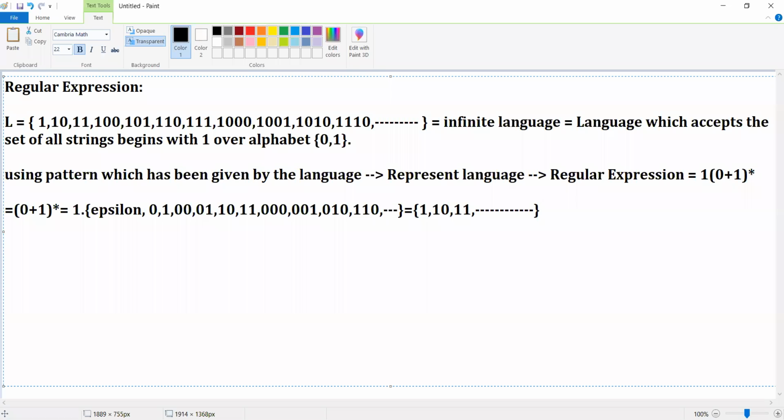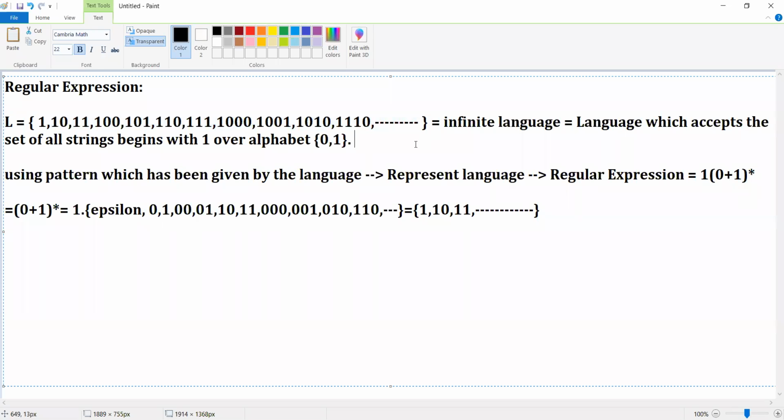Okay, now from this, please try to understand the meaning of this regular expression. So far we have been representing a language in the form of sets, like this.